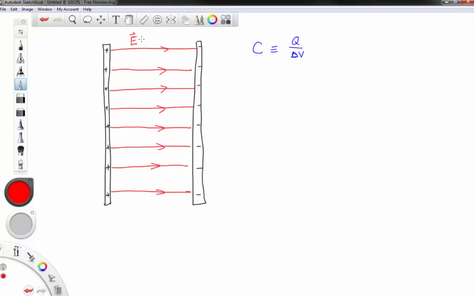So E of x could just represent E as some constant. So it's constant here. And therefore, if you have a distance between the two plates, delta x, or d, we can actually derive this relationship that the capacitance for a pair of parallel plates is given by the area over the distance times the permittivity by starting from the definition for capacitance.